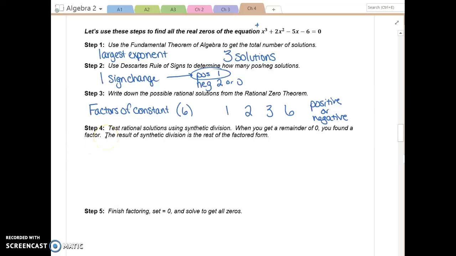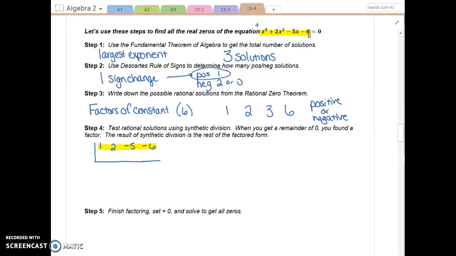Step 4 says, test rational solutions using synthetic division. When you get a remainder of 0, you found a factor. So I'm going to write in 1, 2, negative 5, negative 6. Where did those numbers come from? From the original function.